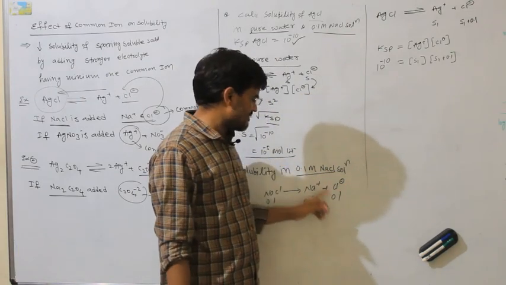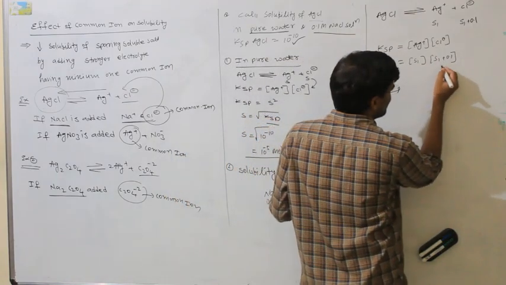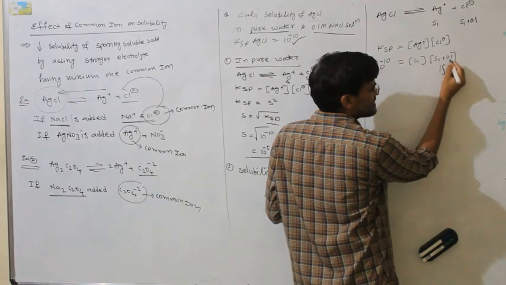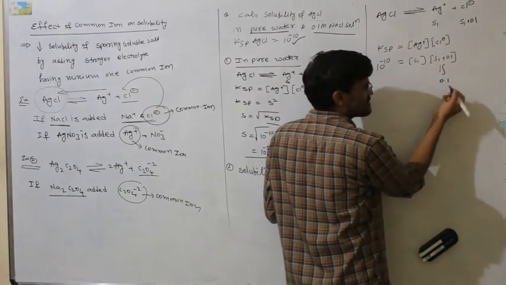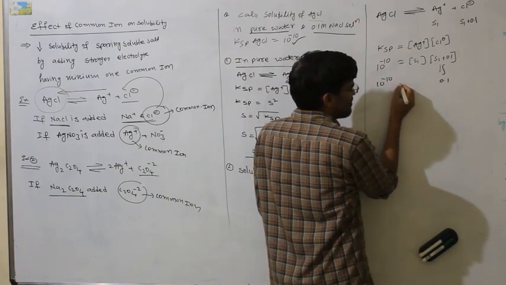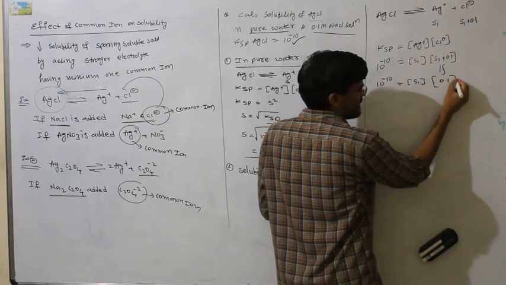Since it is very high when compared to S1, we can approximate S1 plus 0.1 to 0.1. So in that case KSP 10 power minus 10 is equal to S1 into 0.1.